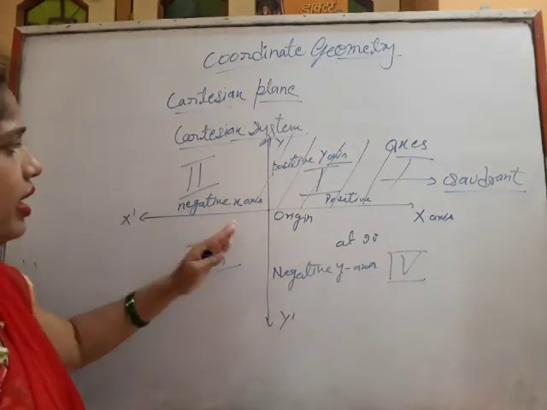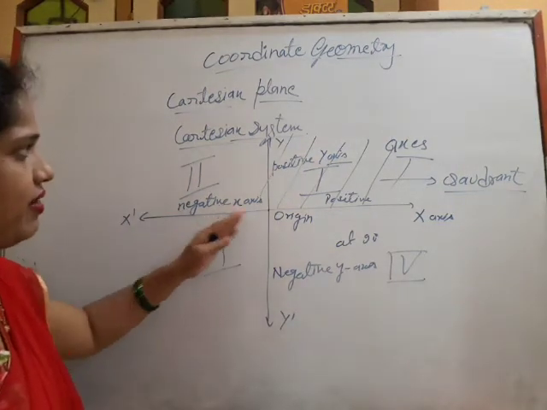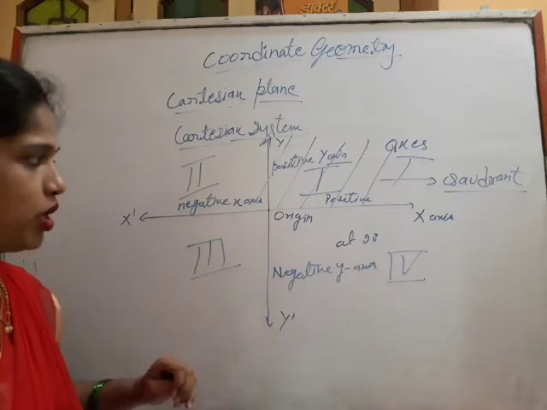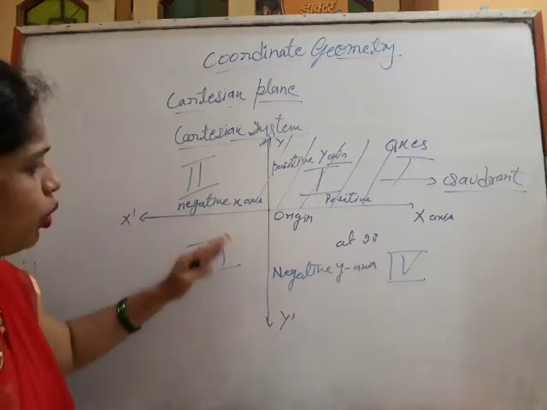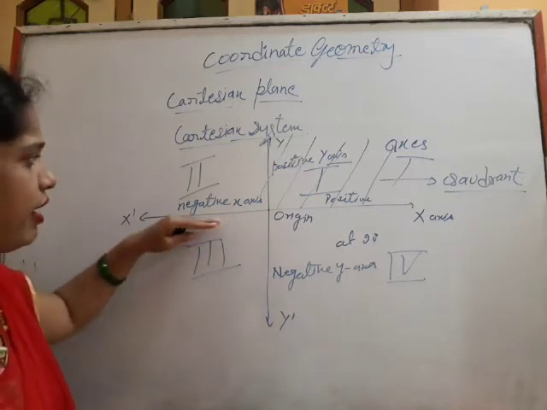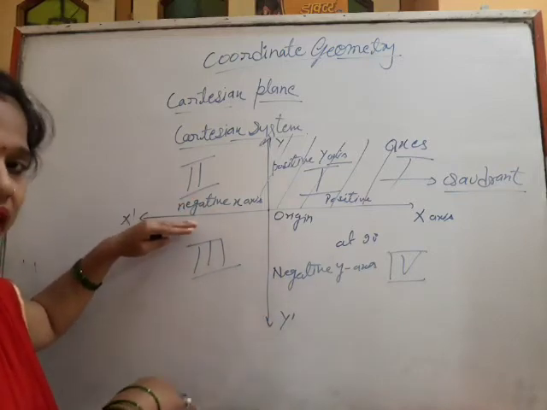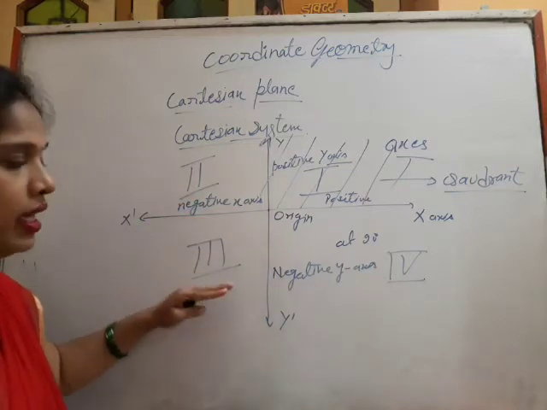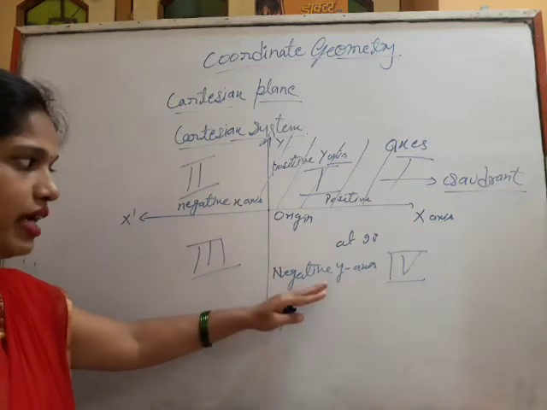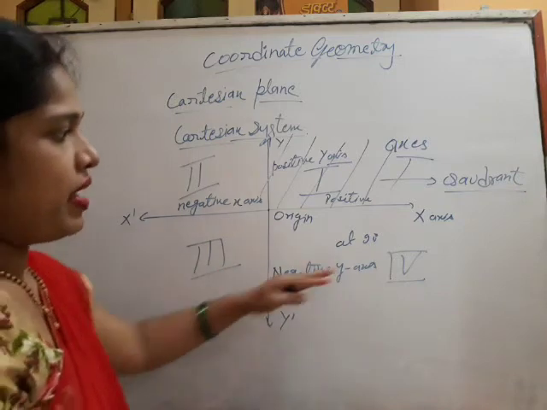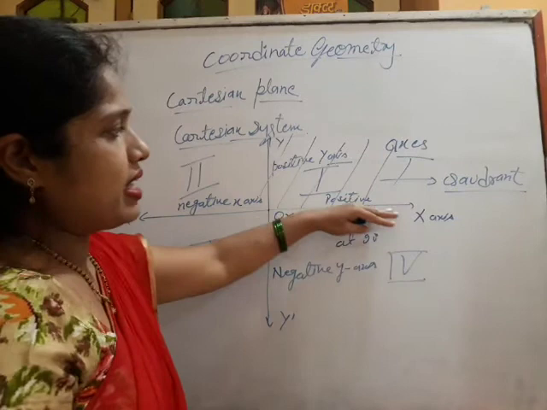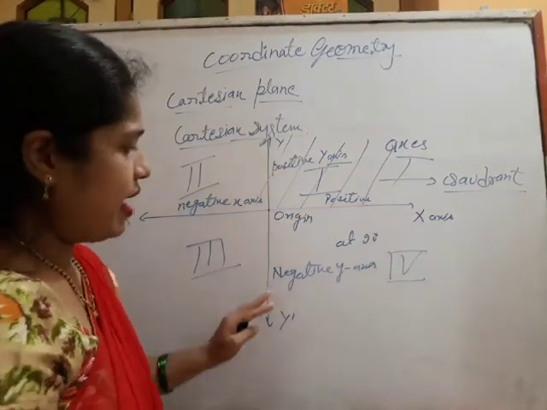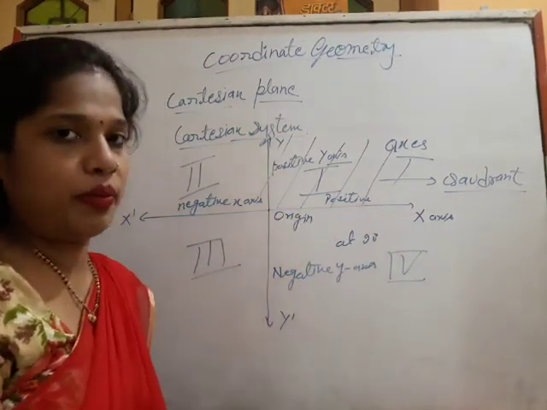In the second quadrant, the x value is negative and the y value is positive. In the third quadrant, both values are negative, the x value and the y value. And in the fourth quadrant, the x value is positive and the y value is negative.